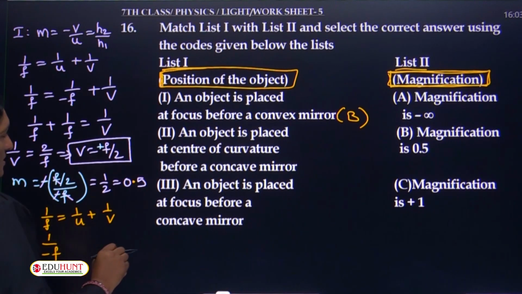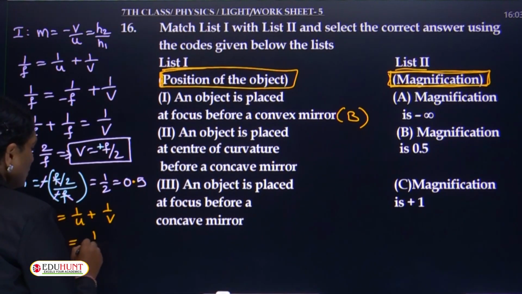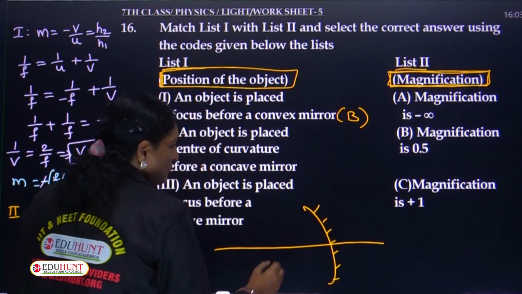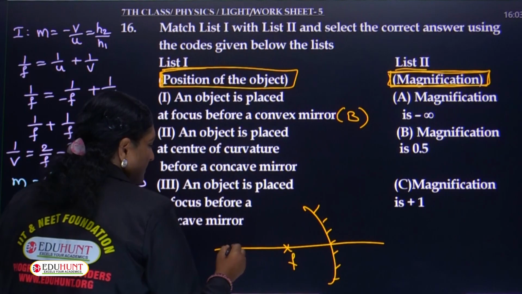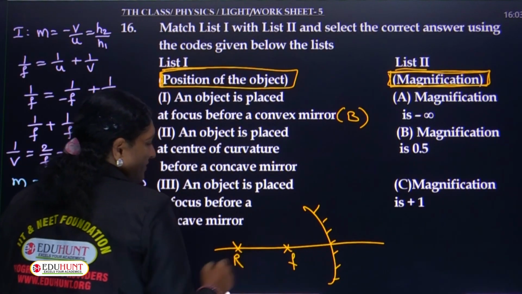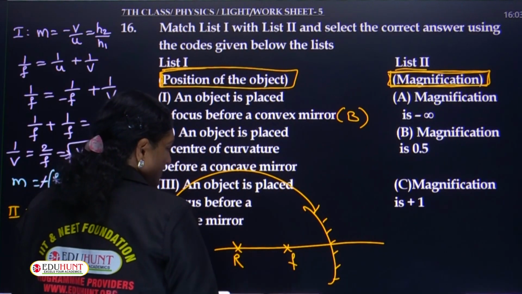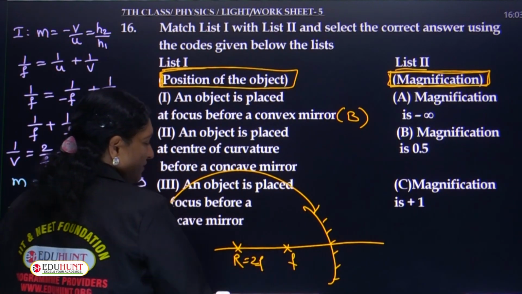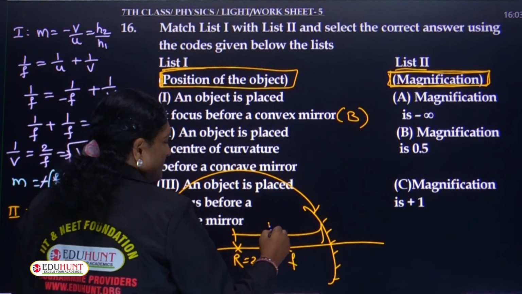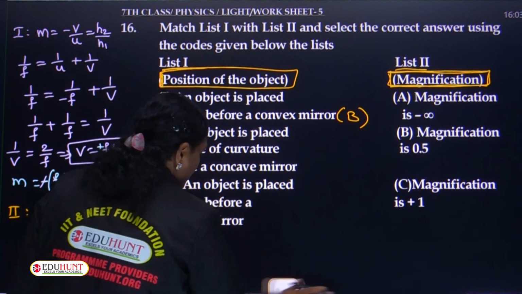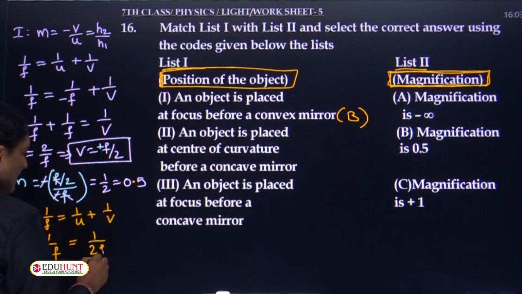The center of curvature will be at a distance of 2f, double the focal length, and this is your object distance. So the value of u is nothing but 2f. Which side? In front of the mirror, so minus 2f, plus 1 by v.